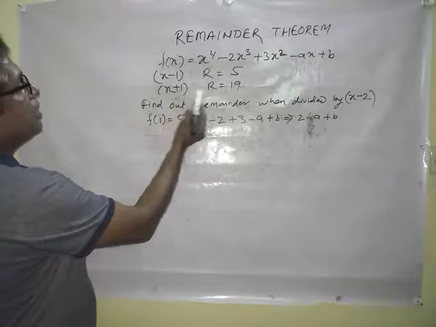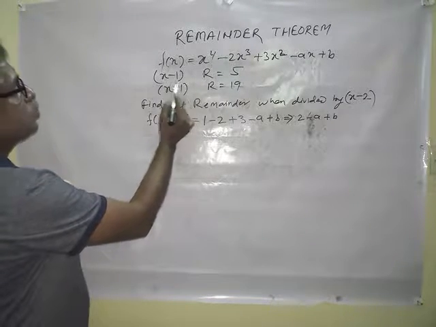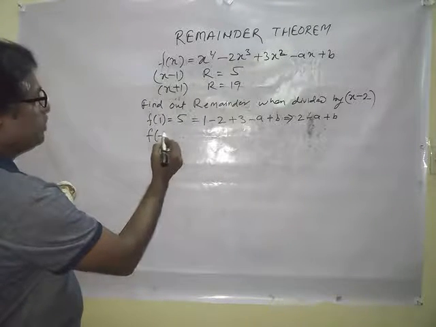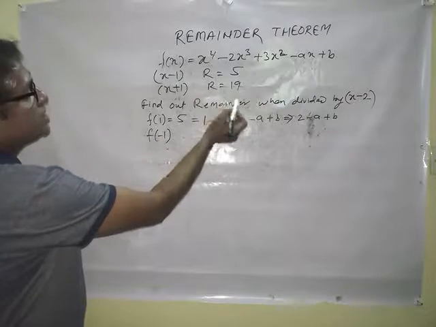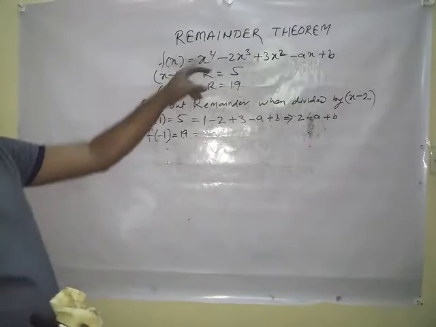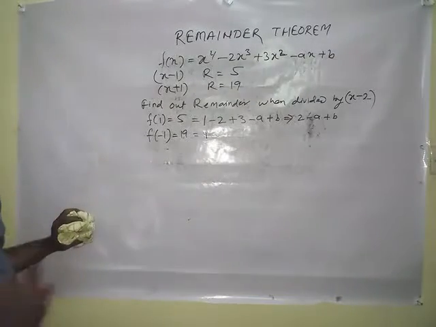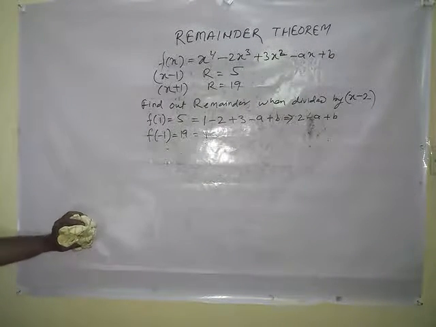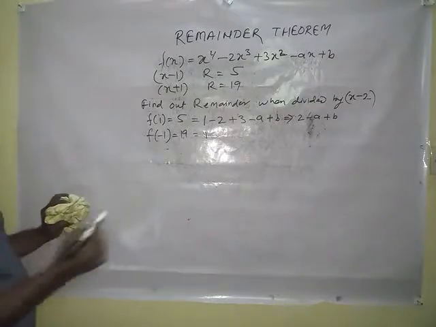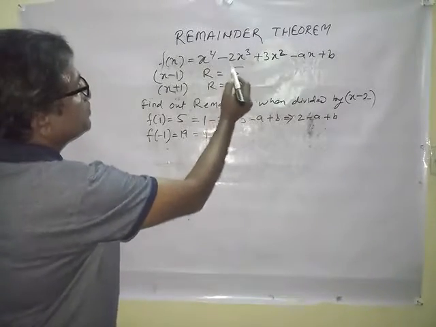Now the remainder is equal to 19. If you are putting x plus 1 equal to 0, so x is equal to minus 1. Let us find out the value at minus 1. Then the question has given the remainder will be equal to 19. Now put minus 1 here. Minus 1 raised to power 4 is 1. Even exponent, it will remain 1. Then x cube of minus 1 will be minus 1.